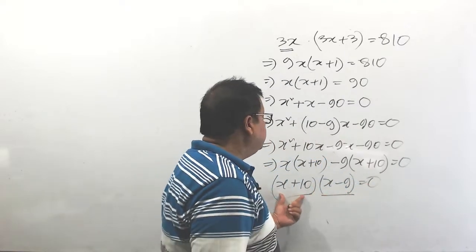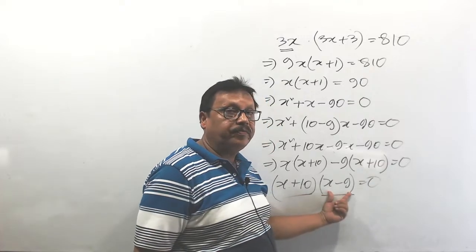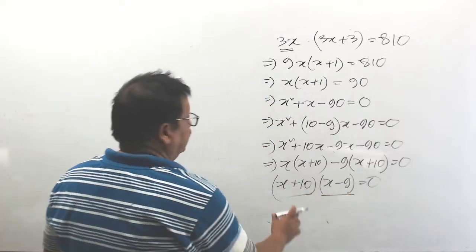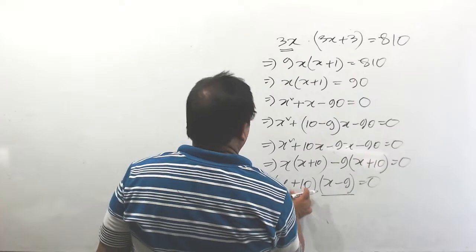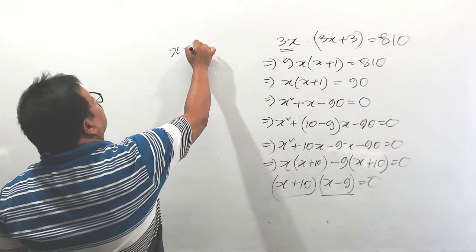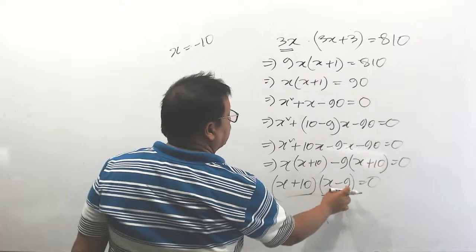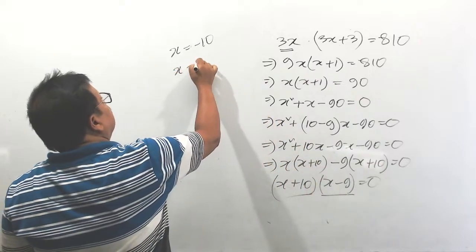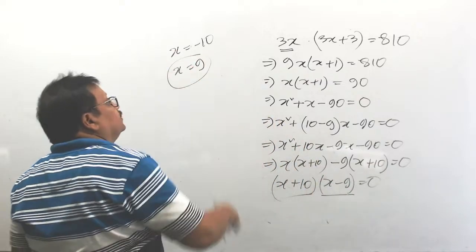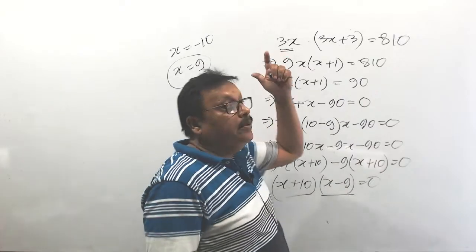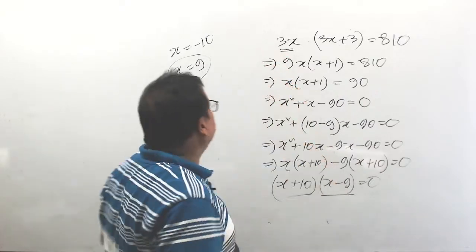Either this equal to 0 or this equal to 0. Okay. Now, if this equal to 0, you are getting what? x equal to minus 10. If this equal to 0, you are getting what? x equal to 9. But all multiples are what? Natural numbers. That means positive.